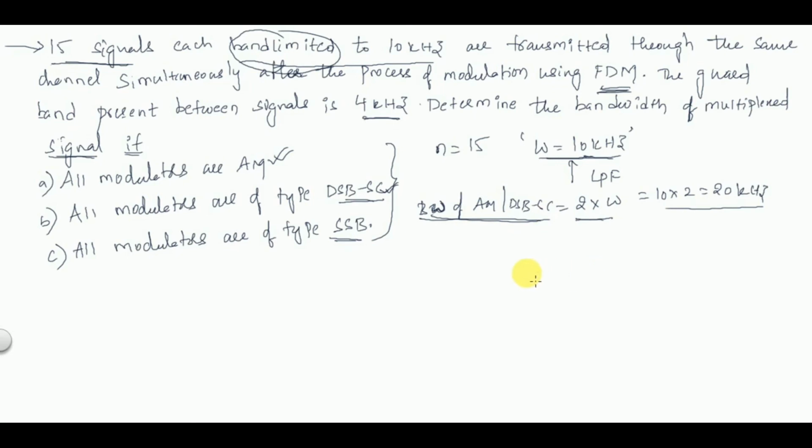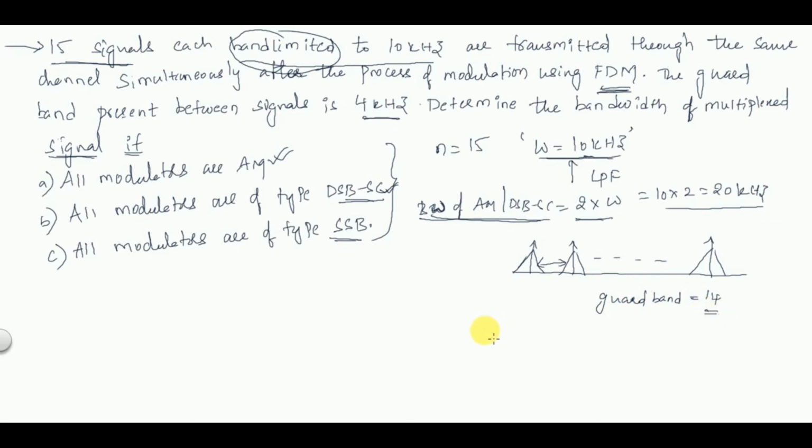So for the bandwidth of the multiplexed signal, suppose you have 15 signals like this, and so on up to 15 signals. In between, how many guard bands will be present? There will be totally 14 guard bands. Between 15 signals, the number of guard bands is 14.